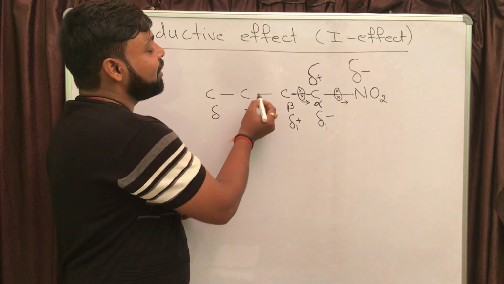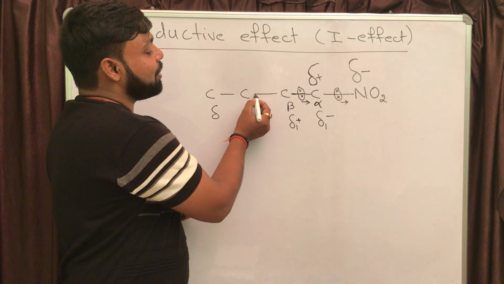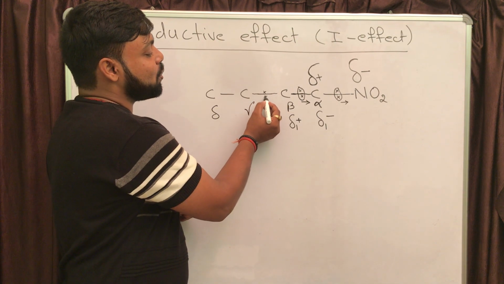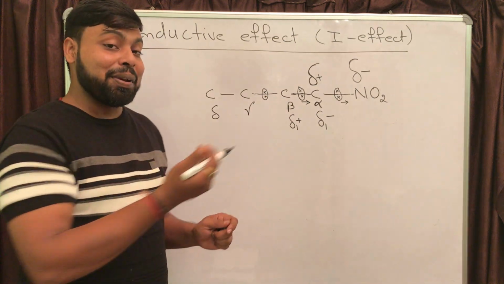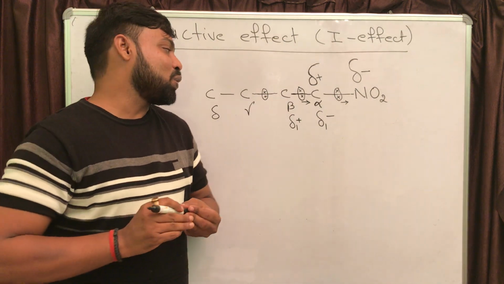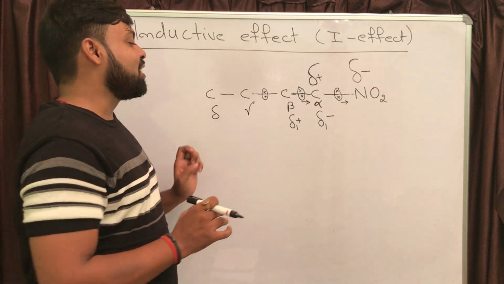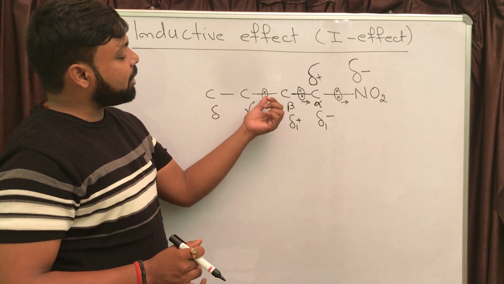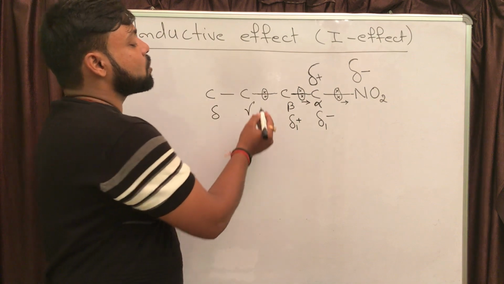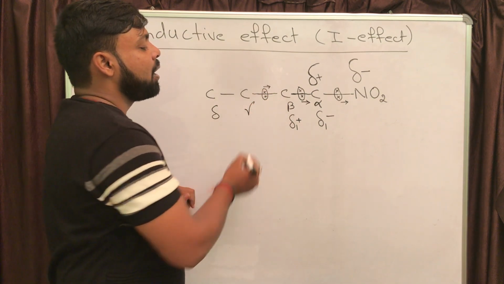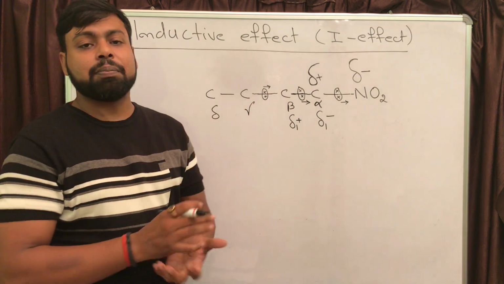So the beta carbon will look to the next nearest covalent bond to pull the bond pair electron towards itself, so that its electron deficiency gets decreased. So now the bond pair electron between beta and gamma carbon is going to move towards the beta carbon, and beta carbon will get some partial negative charge.